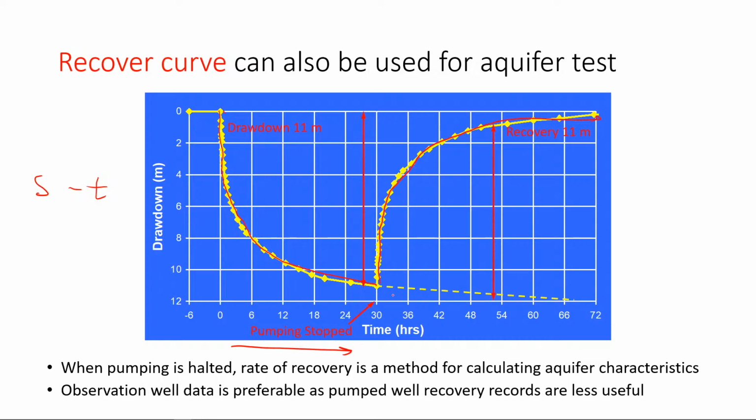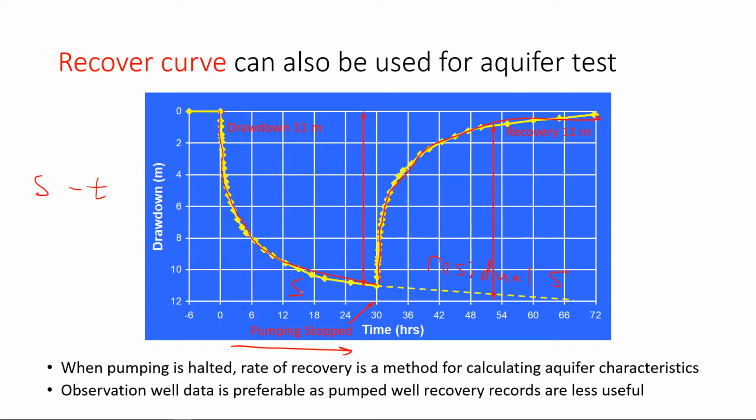So why don't you also monitor the recovery? Not just the pumping time, but the recovery data, and this data could be analyzed also. So you will have two sets of data: pumping data, drawdown data, and recovery data, and this is called residual drawdown data.